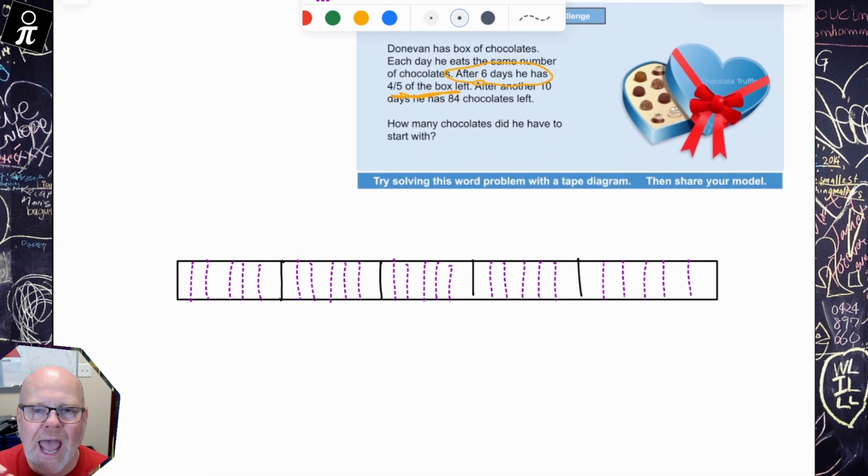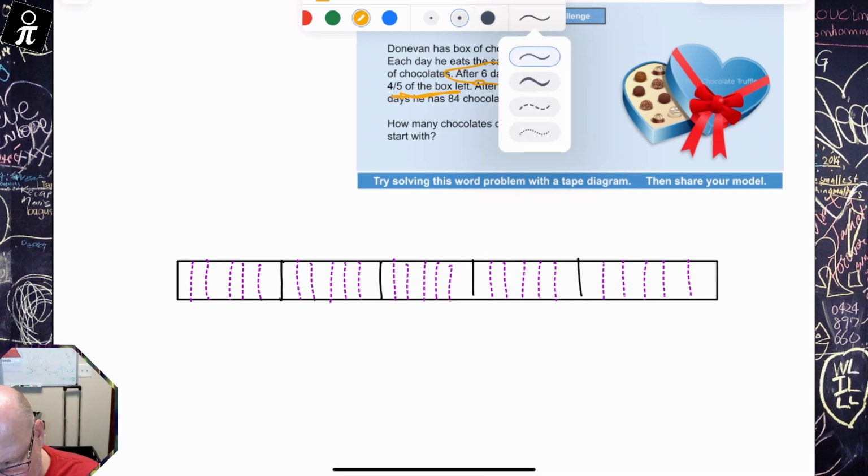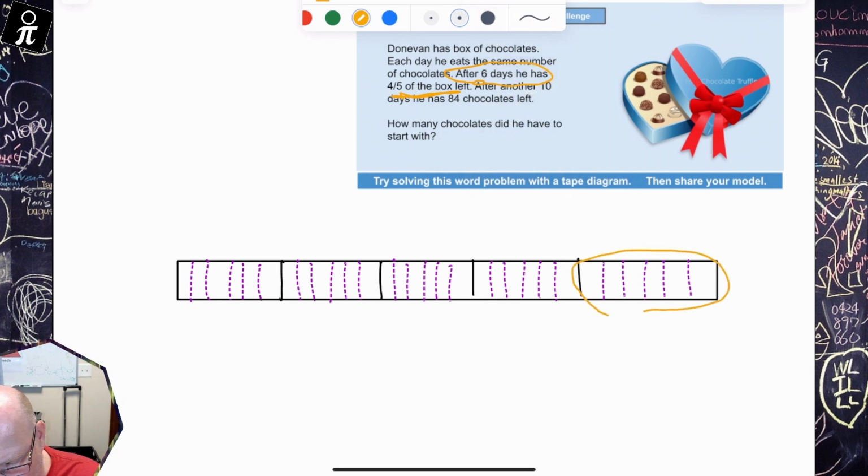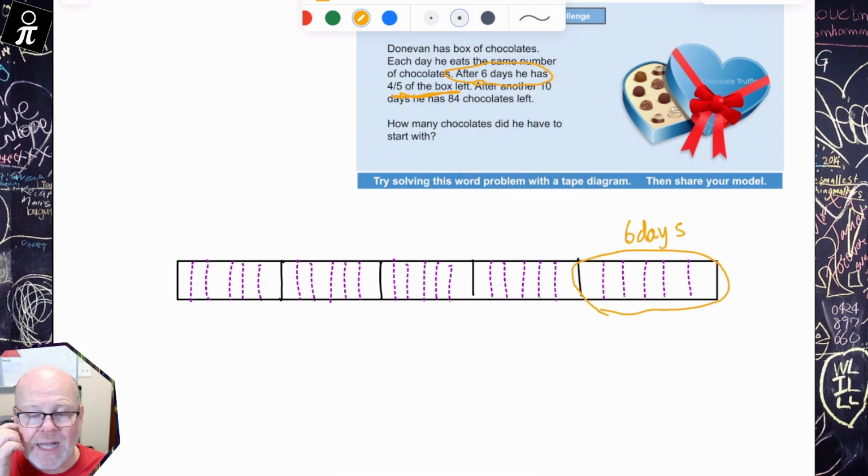Then it says after another 10 days. So, okay, first off, let's do some circling to say, all right, here is our 6 days. And that 6 days is exactly 1/5. Then it says after another 10 days. All right, after another 10 days, he had 84 chocolates left over.